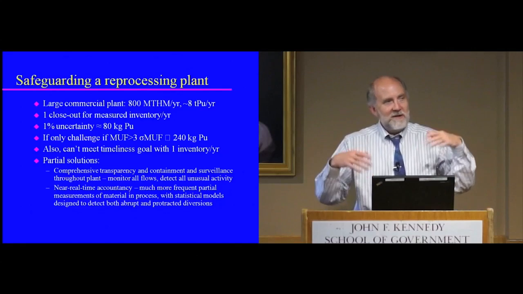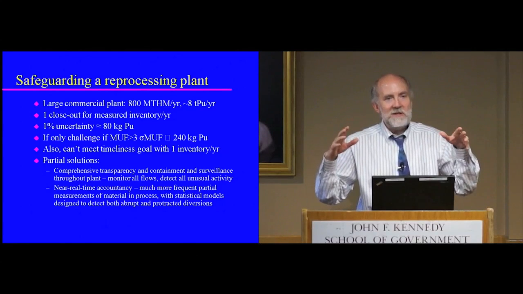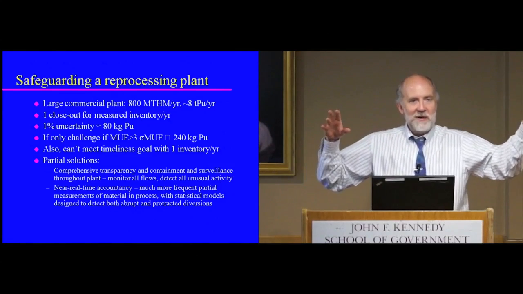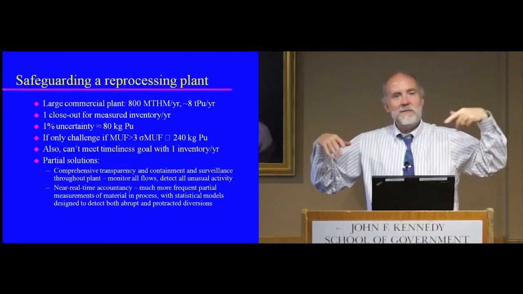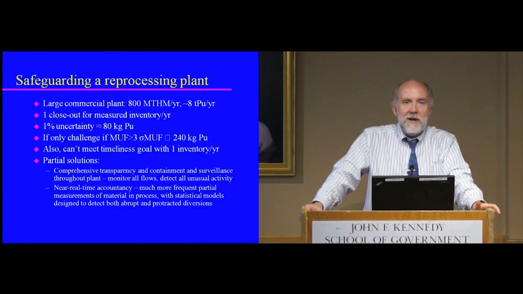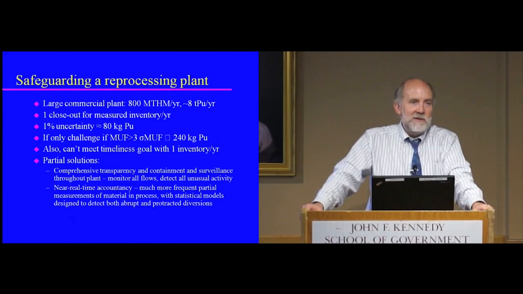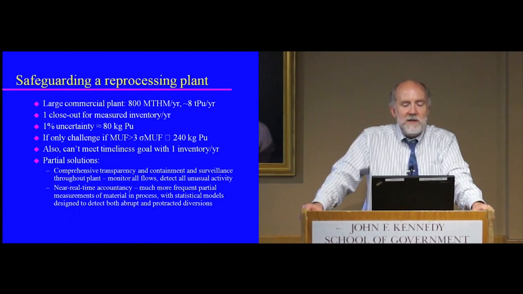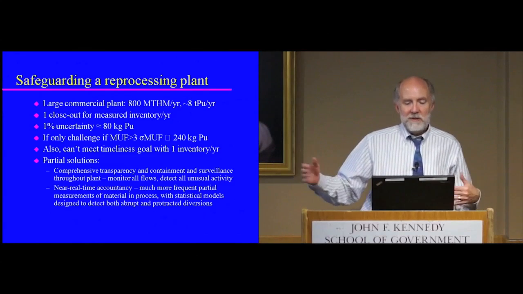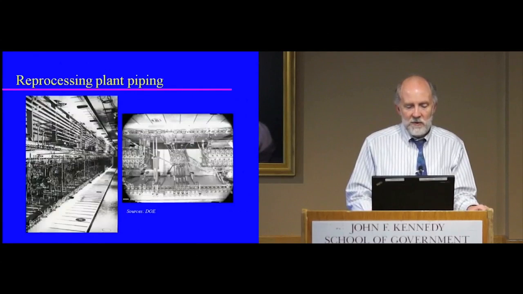They actually have laser imaging systems that take a complete 3D image of the inside of the piping and all of that kind of stuff, and then they come do it again to make sure nothing has changed. And they have what's called near real-time accountancy. So they try to take frequent, even if somewhat partial, measurements of the material as it's being processed, rather than only the one closeout measurement once a year.